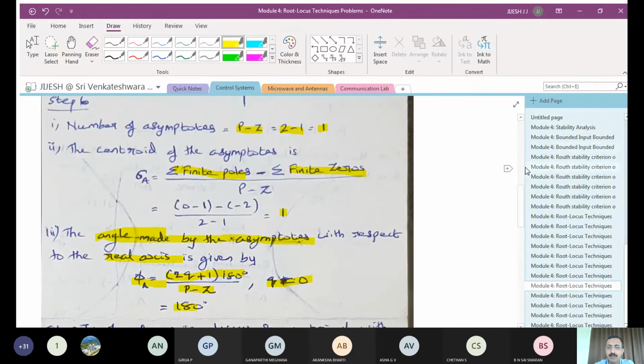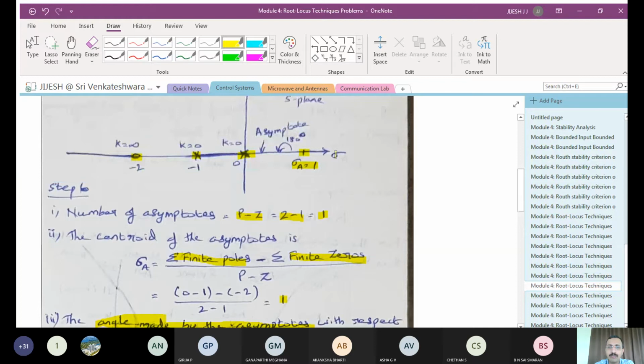So that's what I have already shown you here. We have plotted the centroid, we have already plotted the asymptote. 180 degrees means it will lie on the sigma axis itself. So you can see that the asymptotes will be on the sigma axis itself.